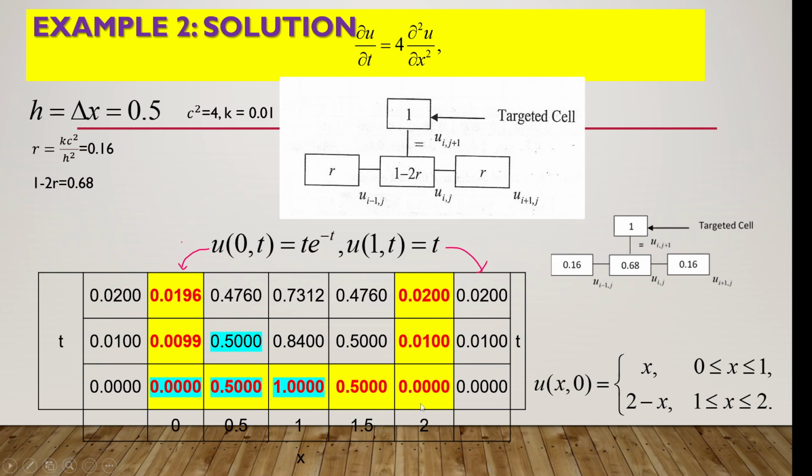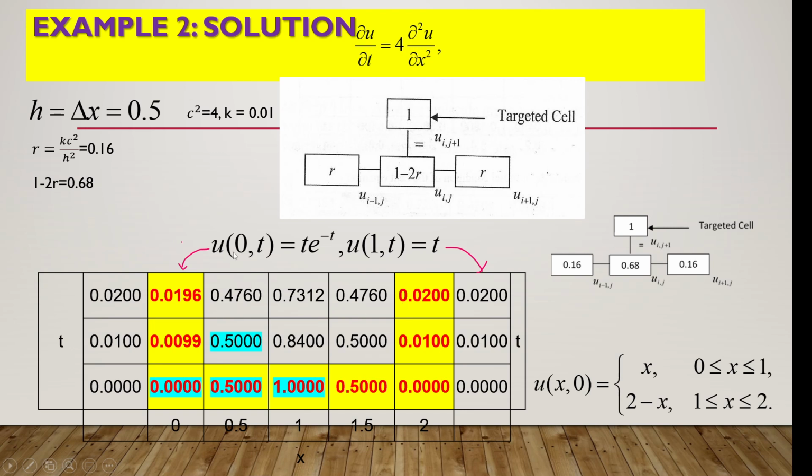When x is 1.5, 2 minus 1.5 gives 0.5, and when x is 2, 2 minus 2 gives 0. This is the initial condition at level 0, t equal to 0.01 is level 1, and t equal to 0.02 is level 2.